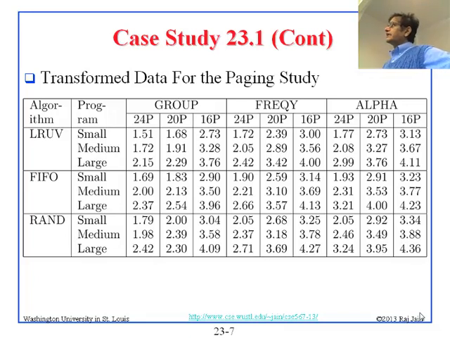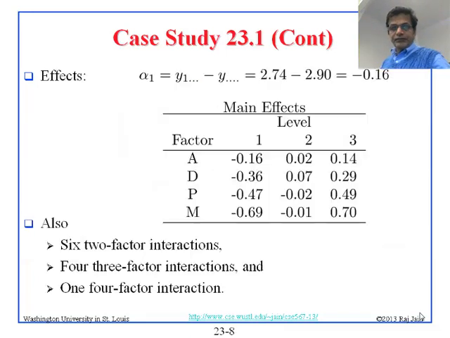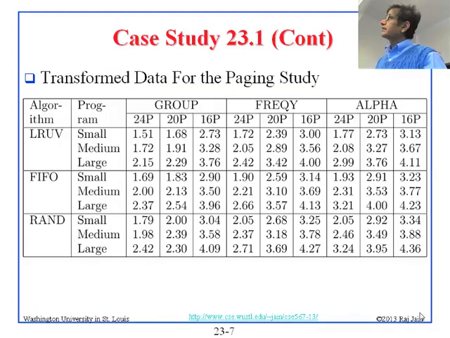Once we do this, all we do is take the mean along several dimensions to get that particular effect. For example, the mean along the first effect. So let's try to do that. The first effect is LRU, with V, which could be small, medium, or large.